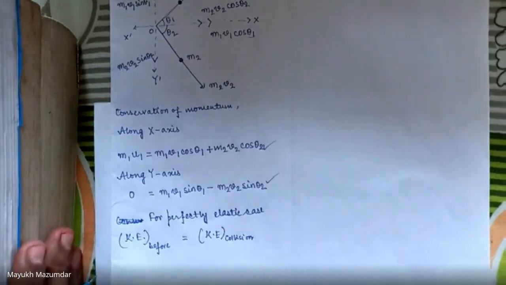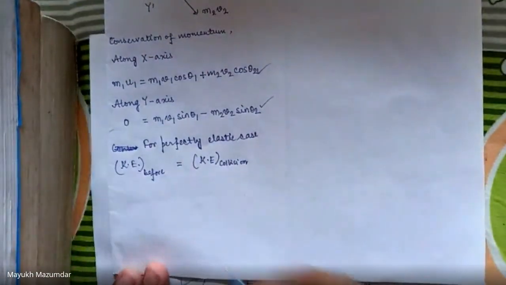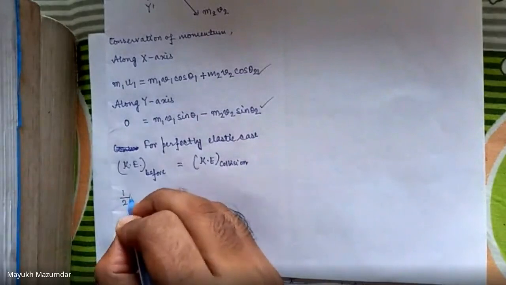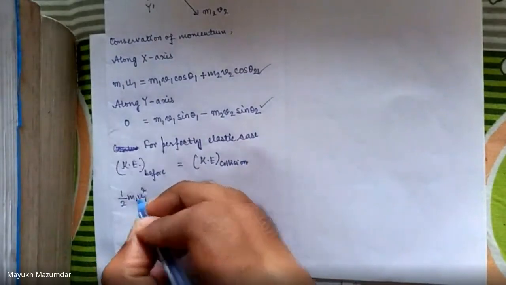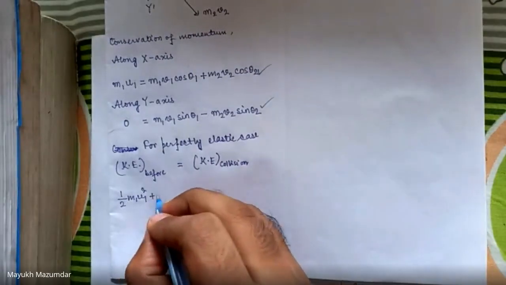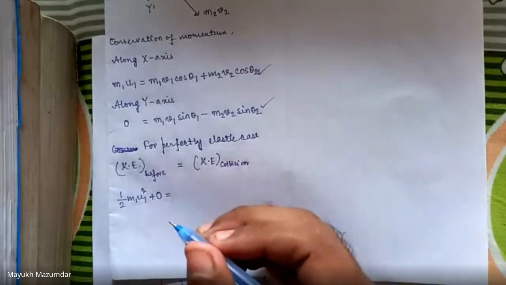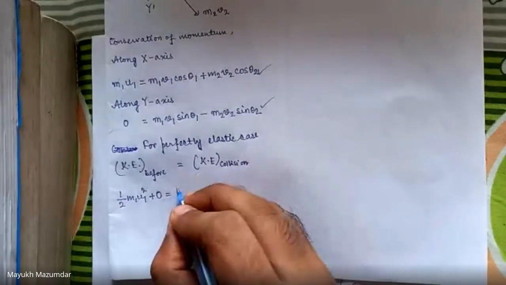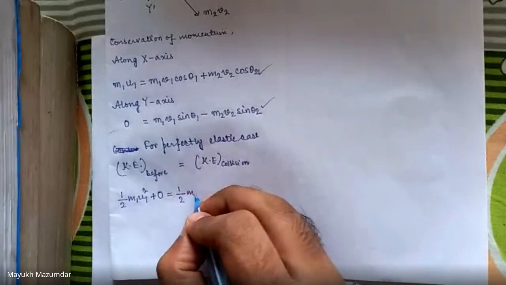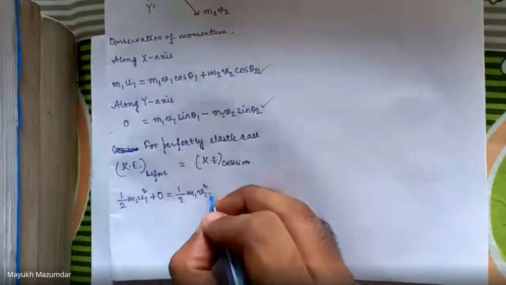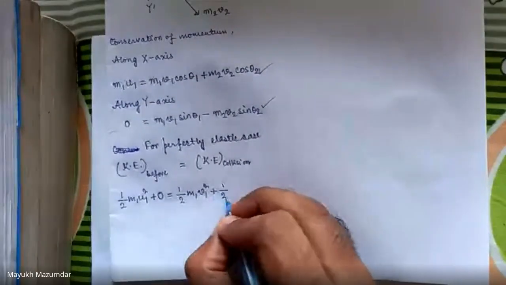So what was the total kinetic energy before collision? Half m1 u1 square for the first body, which was moving with u1 velocity. The second was a couch potato, so it's 0. After collision, the good thing is that you need not consider the components here.